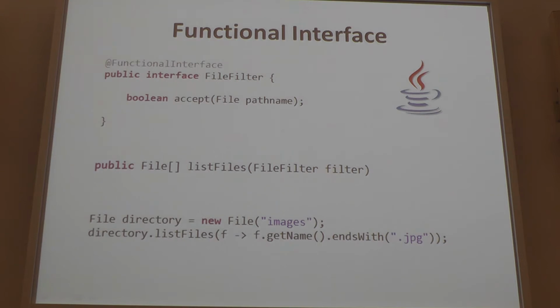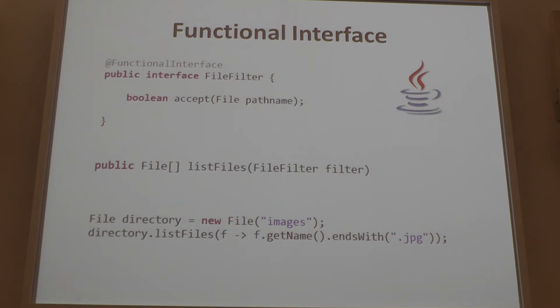So it returns a boolean, and the compiler will check that this lambda expression conforms with this interface that is required by the listFiles method. It will check at this place that this lambda expression takes a File, so that you can call getName on the f here.